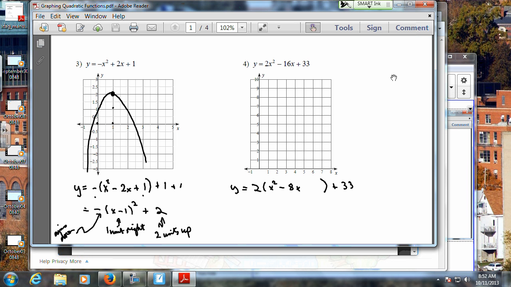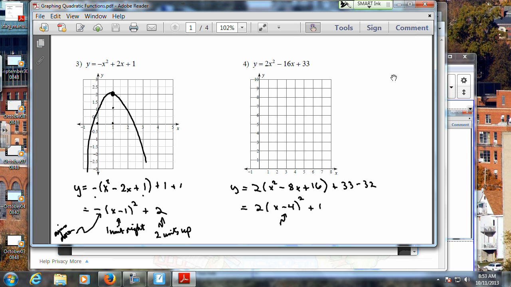Now what I need inside the parentheses to make a perfect square trinomial is x squared minus 8x plus 16. 2 times 16 is a plus 32 that's been added to the equation, so I'll subtract 32. So this is the same thing as 2 times x minus 4 squared is that trinomial, plus 33 minus 2 is plus 1. So now I know what I need.